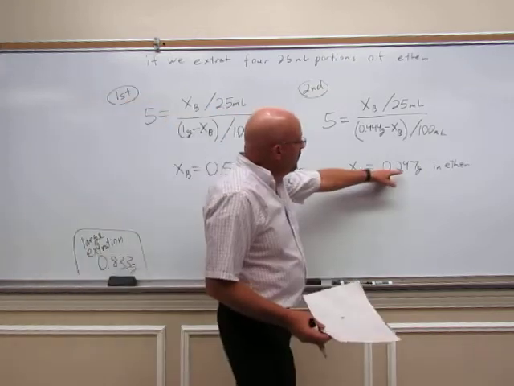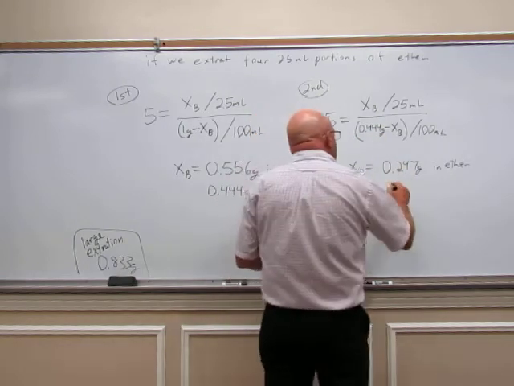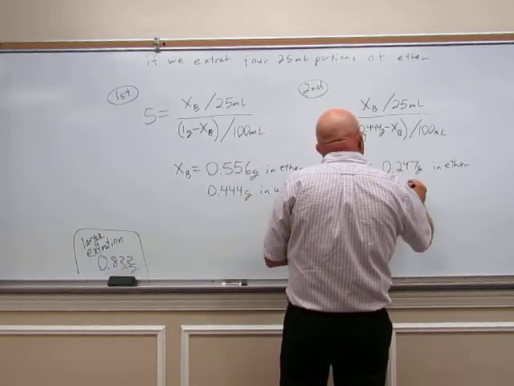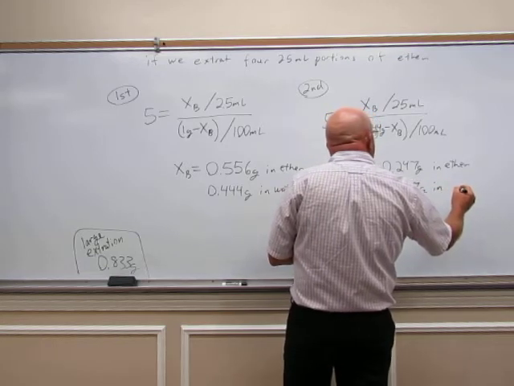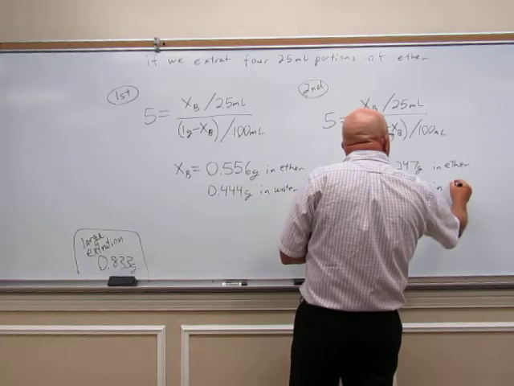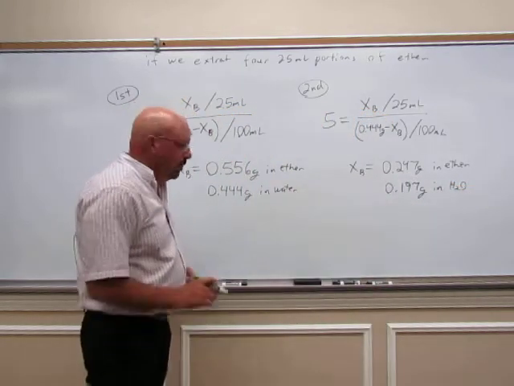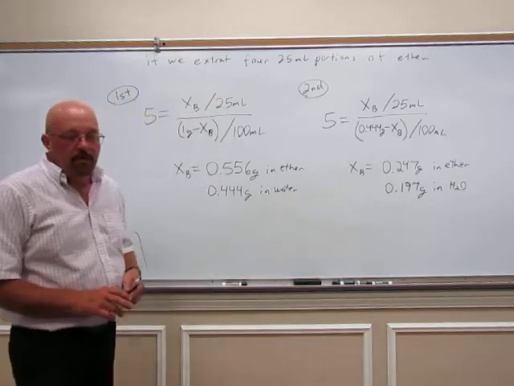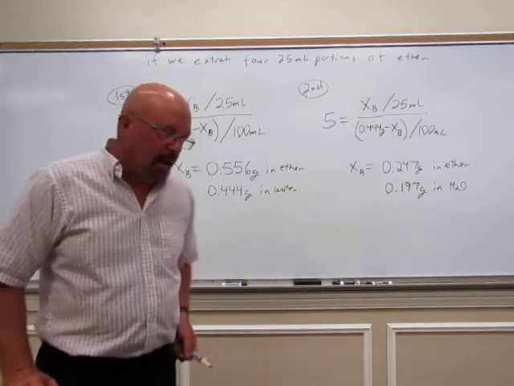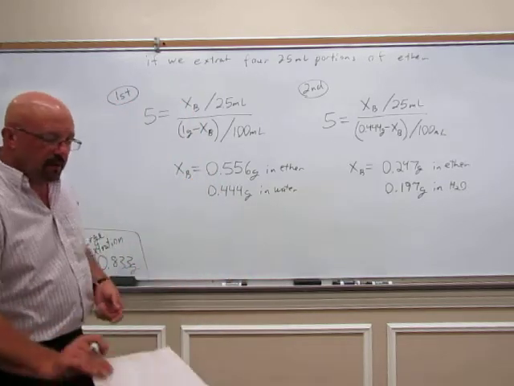So if you subtract 0.247 from the 0.444, you get that there's 0.197 still in the water layer. Now, if you go through the same thing, I've got 2 of them there. I'm not going to go through the other 2. I'll just write the numbers up.